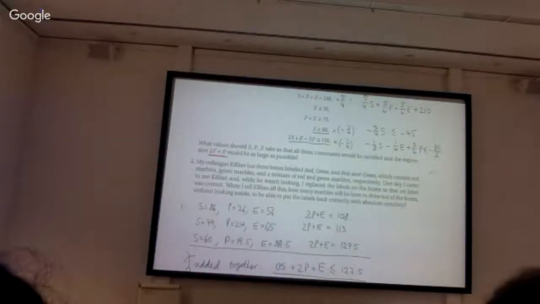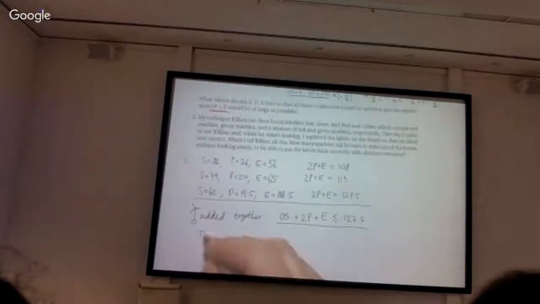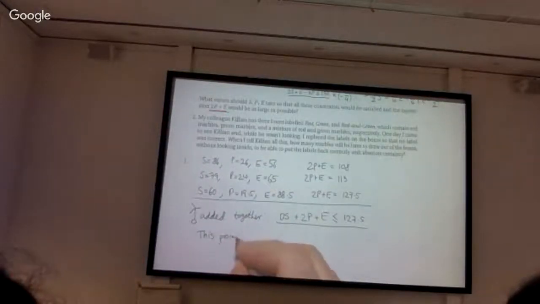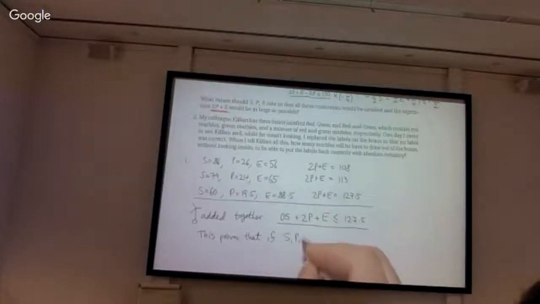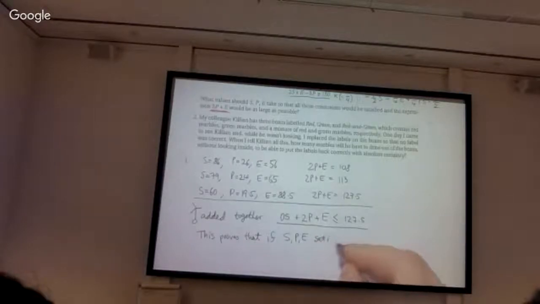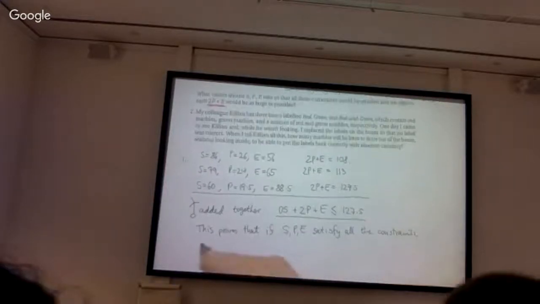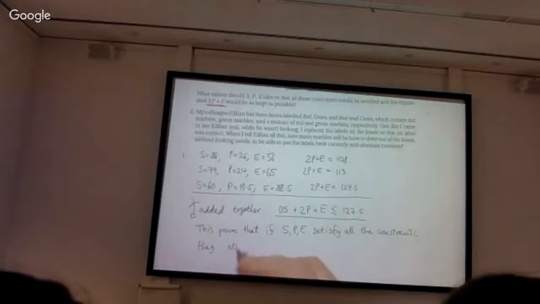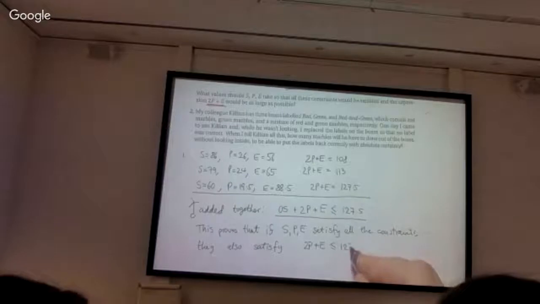Okay, so this proves that if S, P, E satisfy all the constraints, they also satisfy that inequality here: 2p plus e is less than or equal to 127.5.